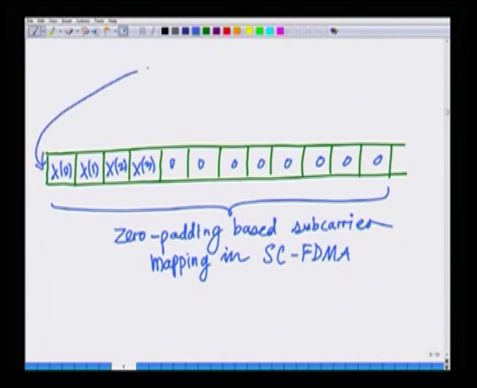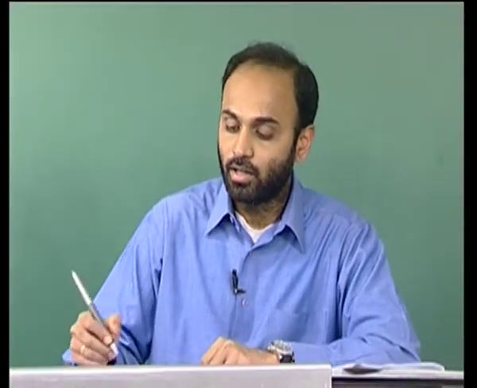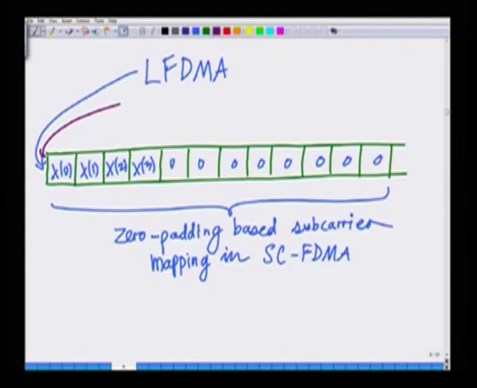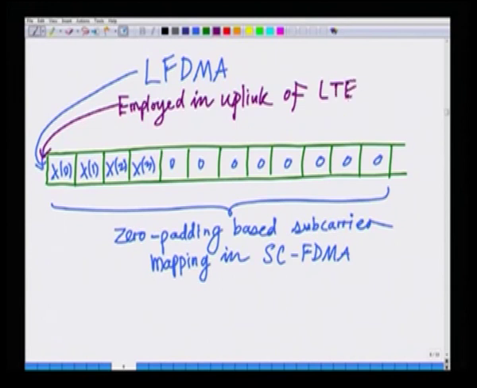This scheme is termed as LFDMA, and in fact this is the scheme that is employed in the uplink of LTE, which is the 4th generation 3GPP standard.